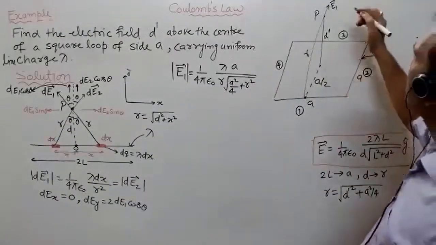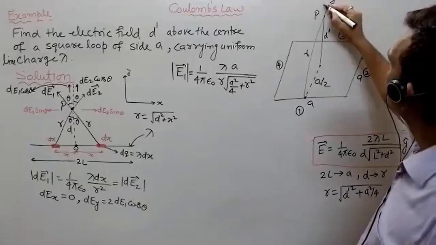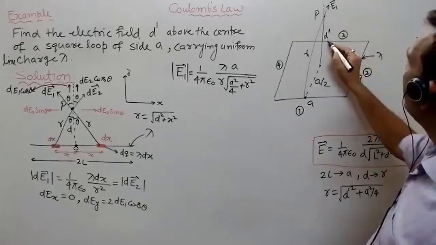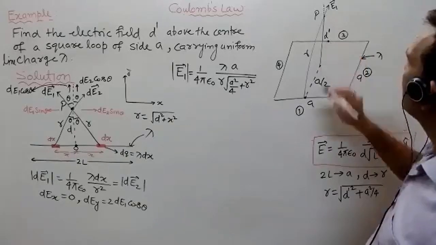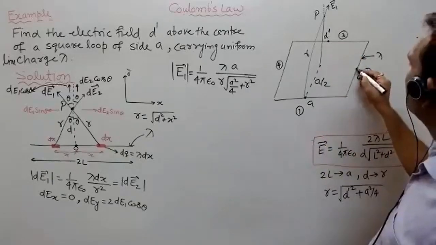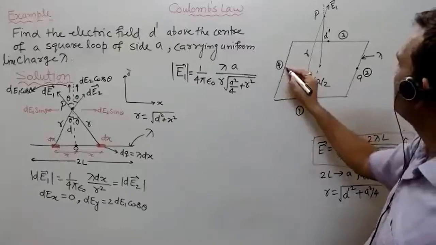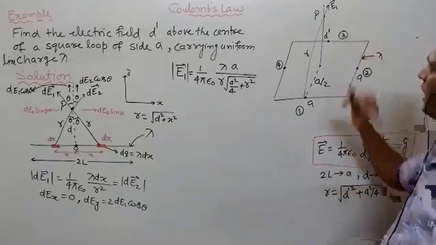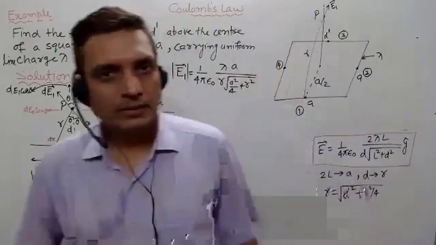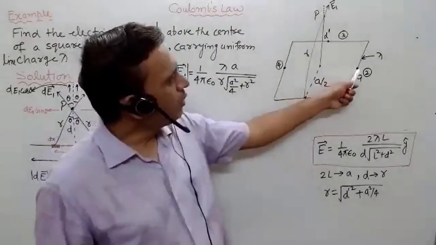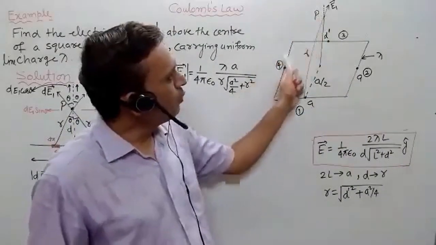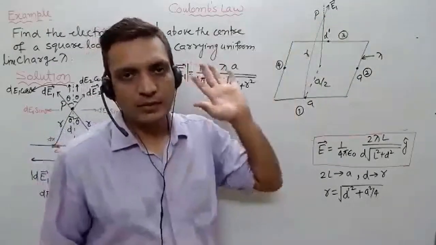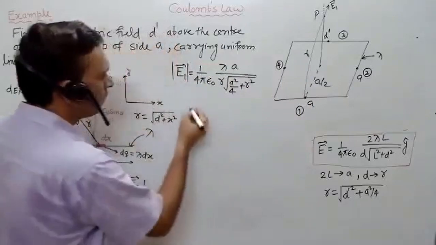Similarly, you have to find the field due to the other segments also. If you find it due to segment 3, segment 2, and this is segment 4, due to segment 3 you will get E3, due to segment 2 you will get E2, and due to segment 4 you will get E4. All are small r distance away, so their magnitude will be the same.